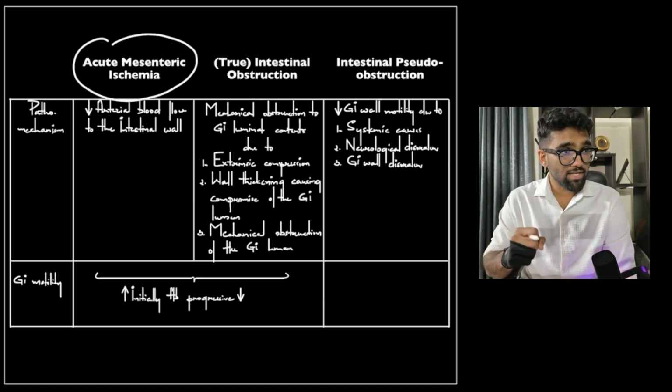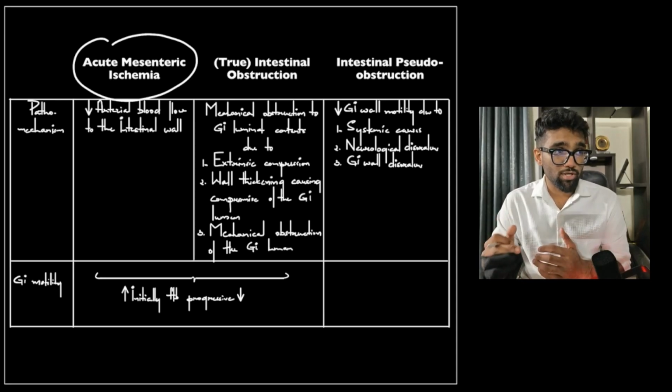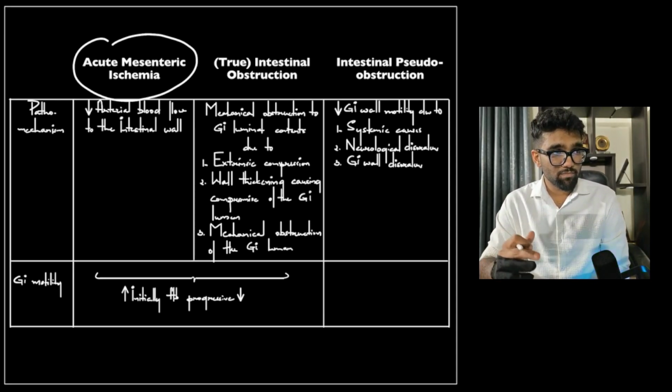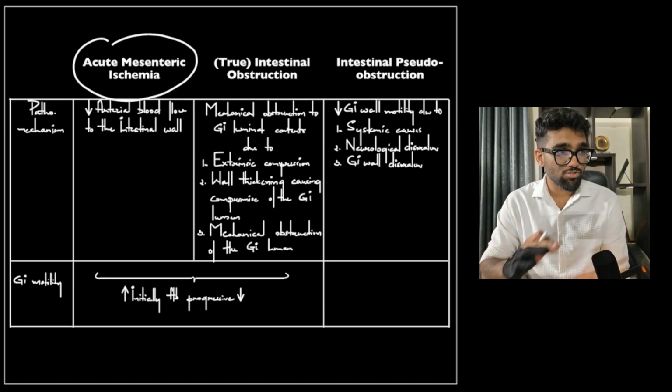So that causes reflex spasm of the malperfused GI wall, and that can initially result in hypermotility. That is an increase in GI motility, but as the mesenteric ischemia persists, that increase in GI motility always, as a rule, progresses to decreased motility.